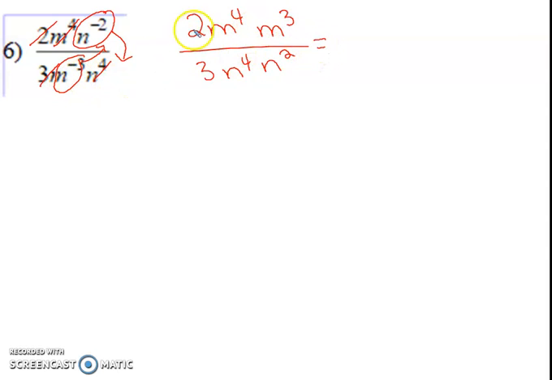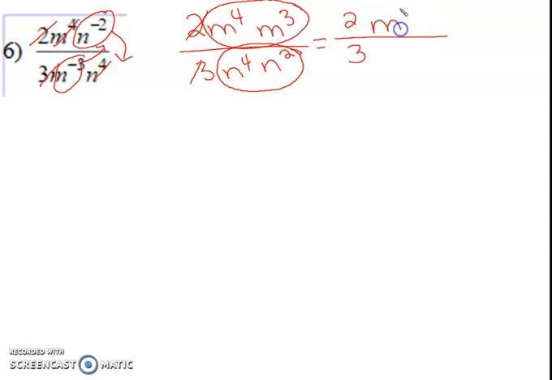Well, now, lucky me, 2 and 3 I can't simplify anymore. M's are all on top and my n's are all on bottom, so I don't have to subtract anything. That's just awesome. I can add them, m to the 7th, n to the 6th, and I'm done. Okay, I know this is hard to wrap your head around because that is the answer. People keep wanting to get like a 7. This is the answer. All we're doing is simplifying.